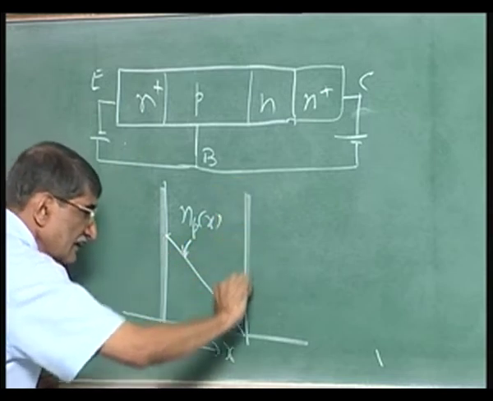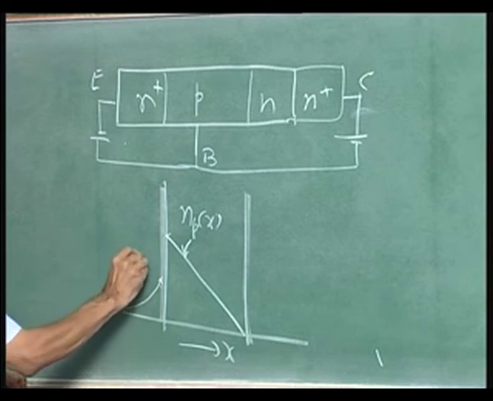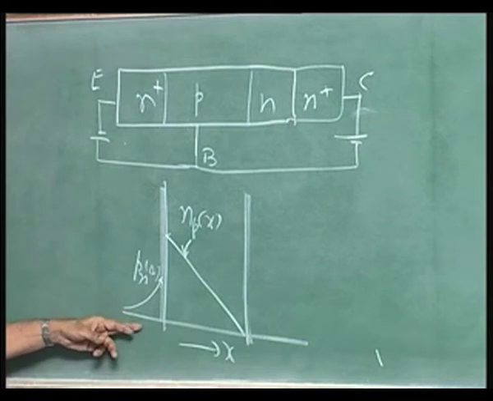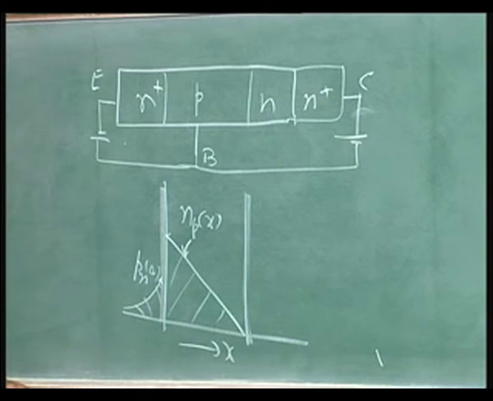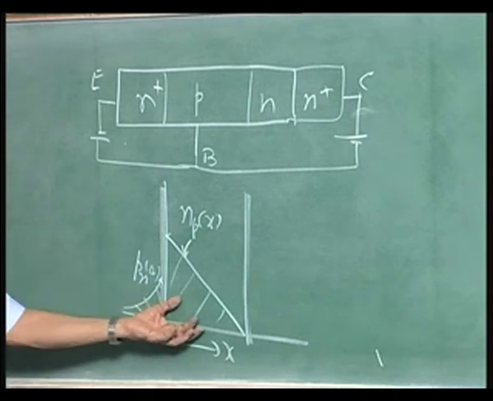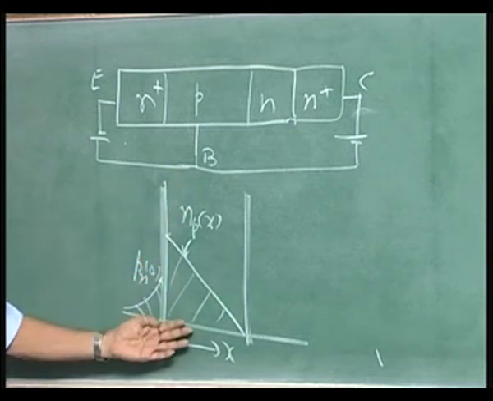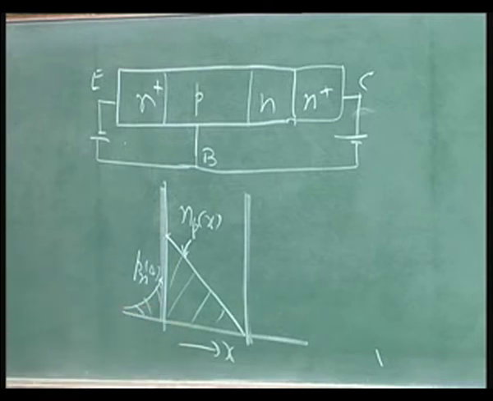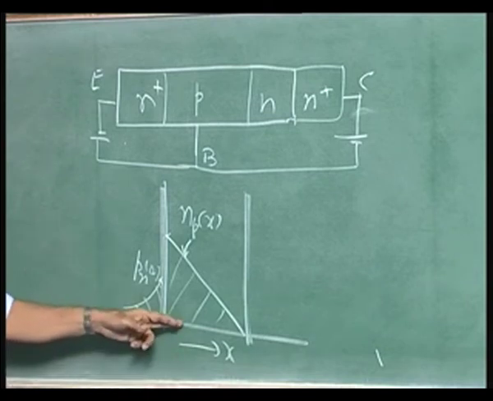Here, of course, there is a transition region, and from here you have Pn0. These are all stored charges. This is stored charge. So, when you turn off the device, this charge must be removed, and if the base is open during turn off, the charge will decay by recombination only. That slows down the process. So, for a faster turn off, you must have the base driven in the reverse direction to draw this charge. This is one of the problems.